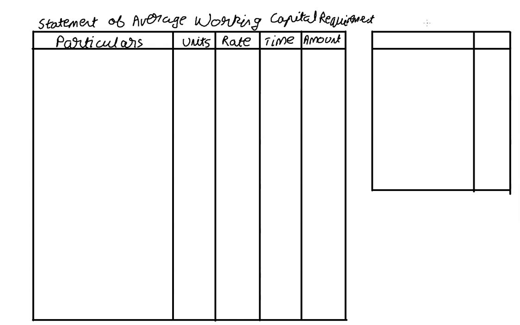Now, in the working note, we normally need to make a cost sheet. All of these figures are normally on a per unit basis. We have particulars and can have amount or rupees per unit, up to you.